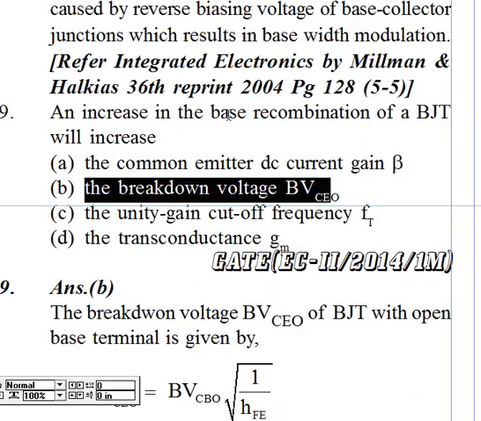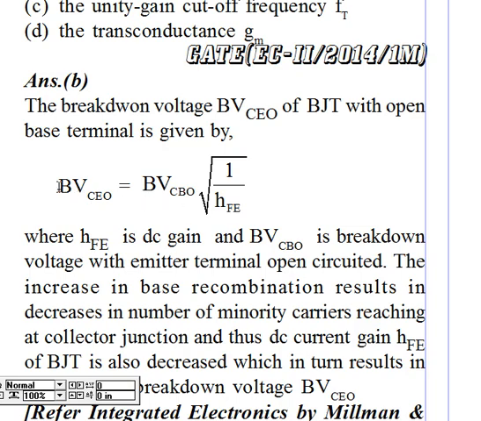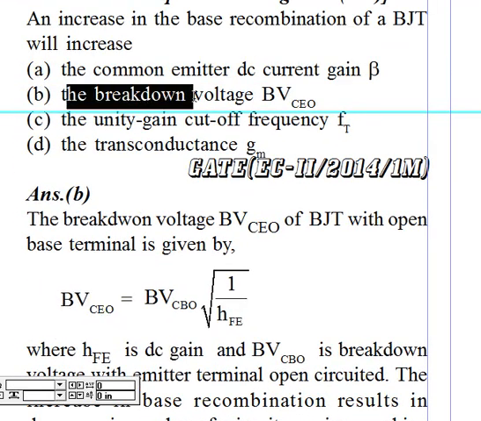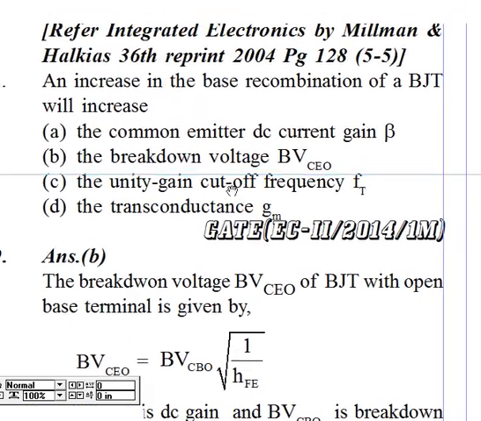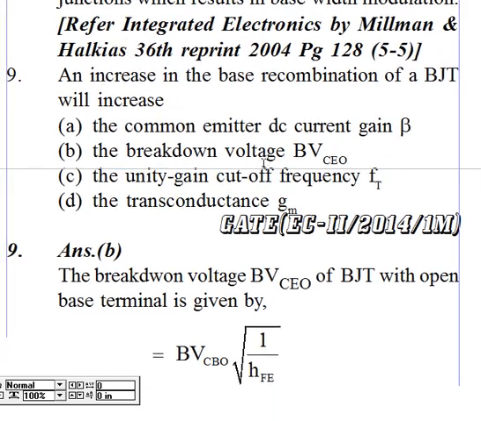When there is increased recombination, IB will increase, alpha will decrease and beta will decrease. I'm sorry, I need to see the concept again.